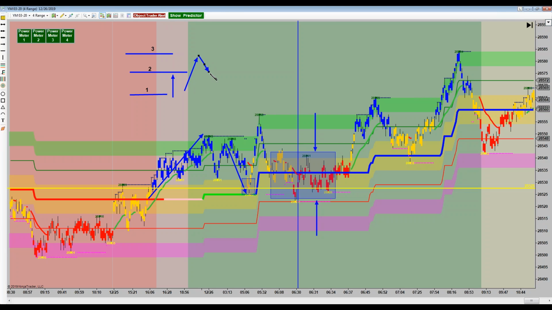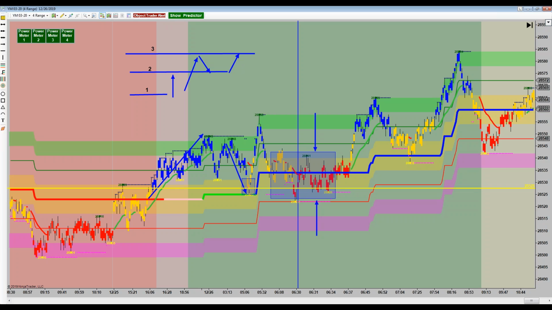Now, when you punch through the second floor and then you pull back to it, the theory would be, in the context of a building, that the floor of level 2 now becomes support because it is the floor. And what now becomes resistance? In our little analogy, the floor of level 3 is now resistance, right?